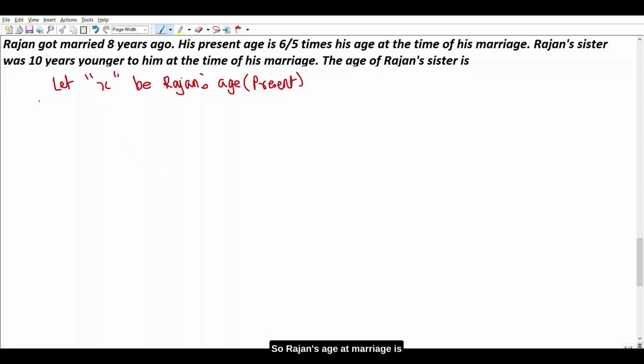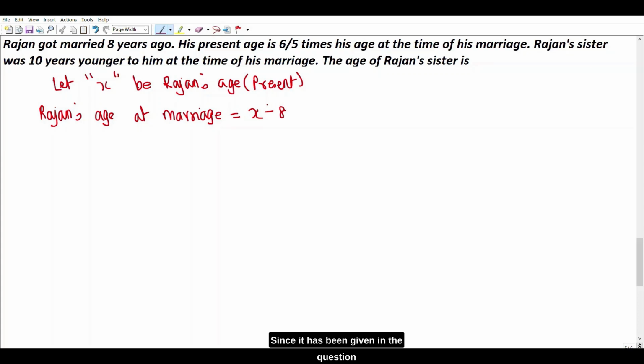So, Rajan's age at marriage is equivalent to x minus 8, since it has been given in the question that he got married 8 years ago.